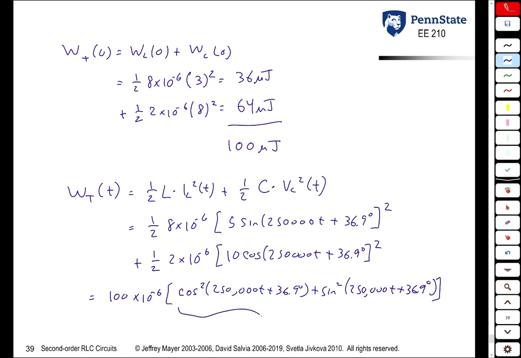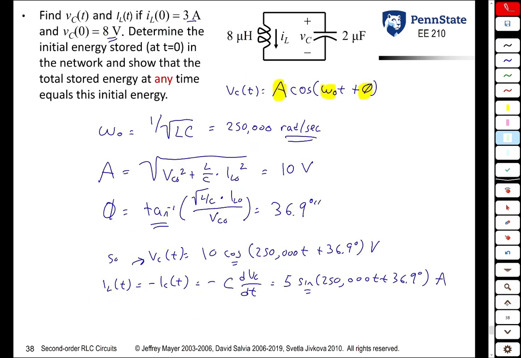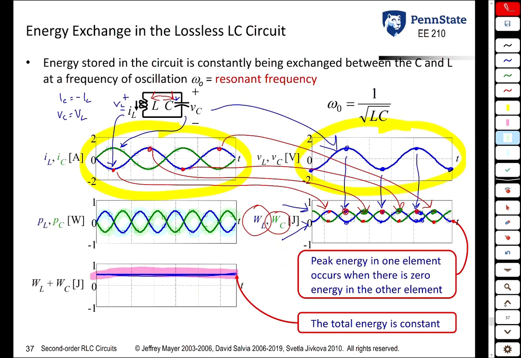But cosine squared x plus sine squared x always equals 1, and what we see is that the total energy is constant even though the energy stored in the inductor varies with time and the energy stored in the capacitor varies with time. And this is once again exactly what we saw in these figures here.